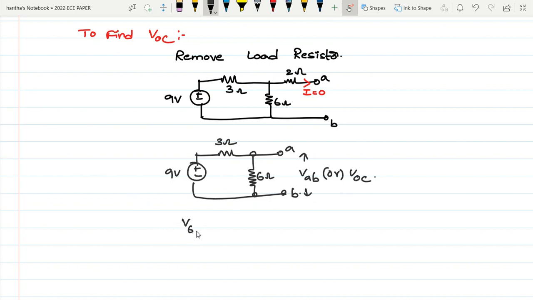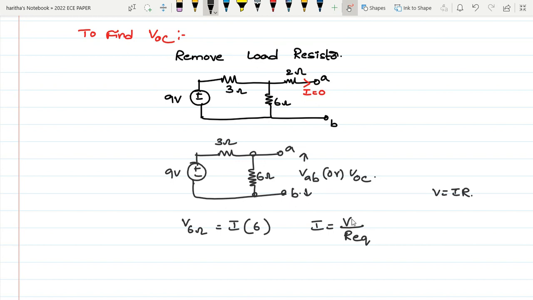The voltage across the 6 ohm is the current passing through that 6 ohm into the resistor value, I into 6, using V is equal to I into R. The resistance value is 6, and if you know the current value, then you will get the voltage across the 6 ohm. That will be your open circuit voltage. But we don't know the current, so for that I am finding the current value. I is equal to V by R equivalent.